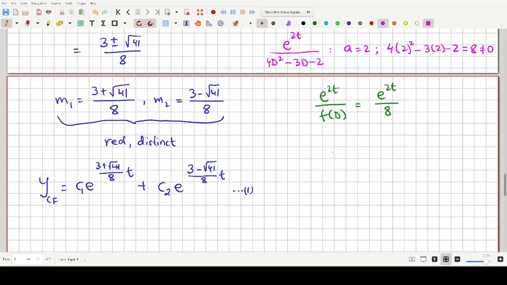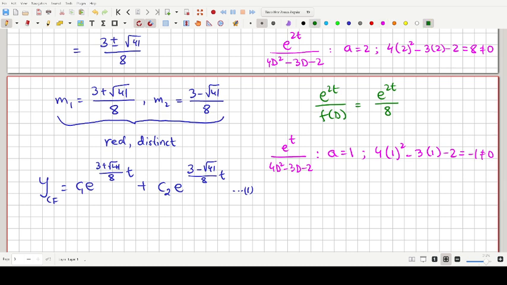So e^t divided by 4D² − 3D − 2, and here a is equal to 1. Again we'll substitute a = 1 in the denominator and see what we get. 4 multiplied by 1² − 3 times 1 − 2: 4 times 1 is 4, 4 minus 3 is 1, 1 minus 2 is negative 1, and that is not equal to 0.